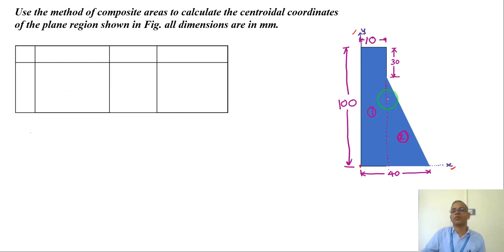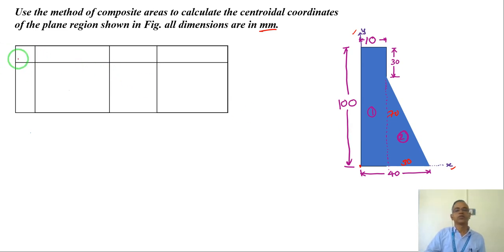Then you make the dimensions of this first area, which is 10 by 100. For the second area, total 100 minus 30 will be 70, and 40 minus 10 will be 30. So the dimensions of this triangle area are known to me, and remember all dimensions are in millimeter. Now make a tabular form.